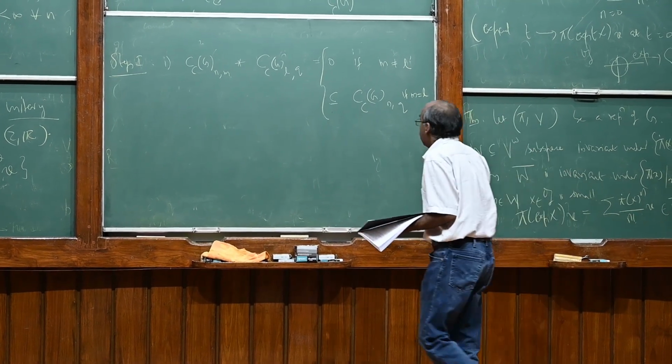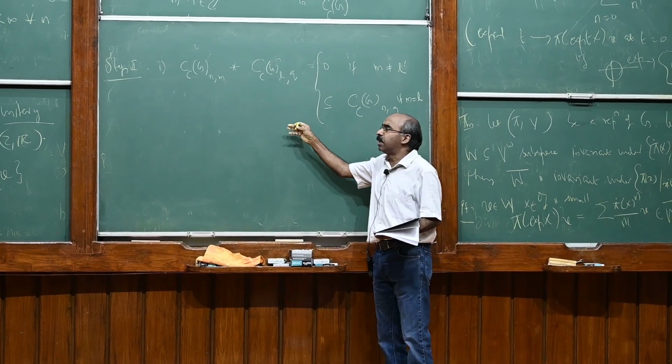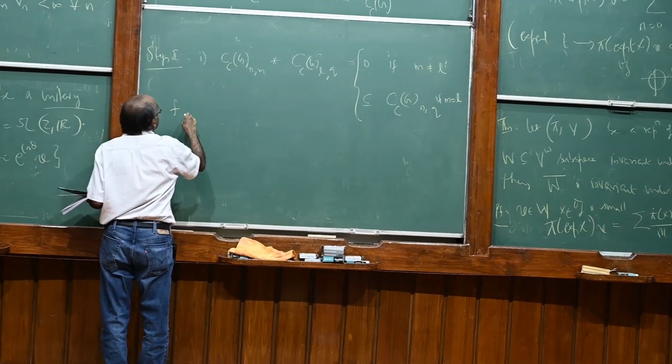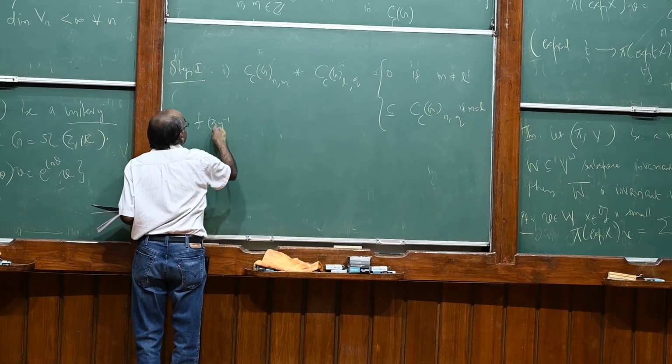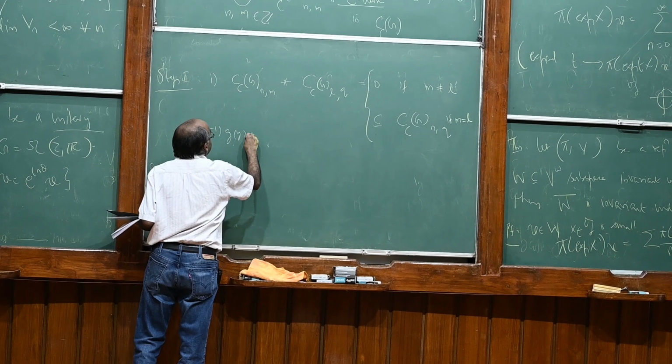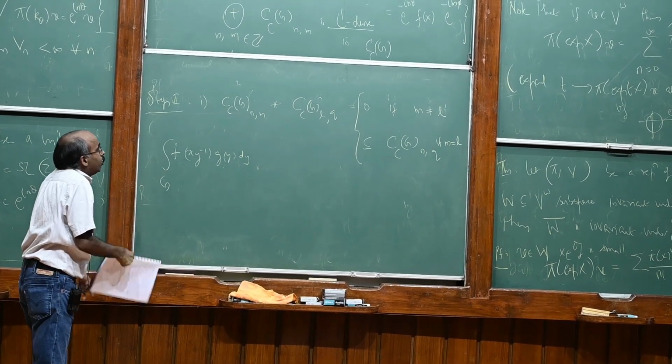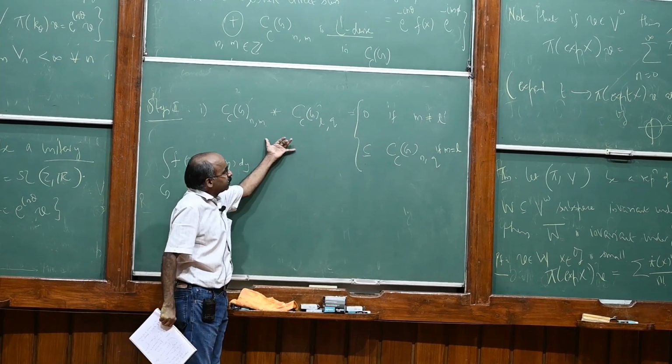So that is one. These are all completely trivial, right? Because this is a convolution. If I write down the convolution, I have the integral over G of f(x y inverse) g(y) dy, right? And I want to know if some convolution survives or not.